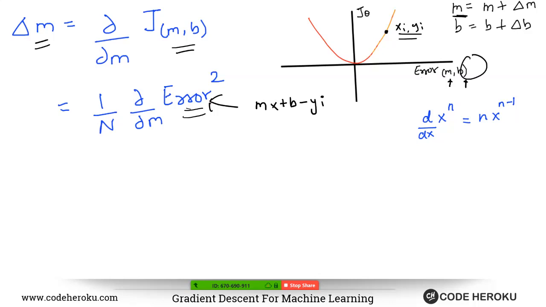Yeah, all you have to do is just the 2 will come down over here, right? So it will be 2 by n times error.